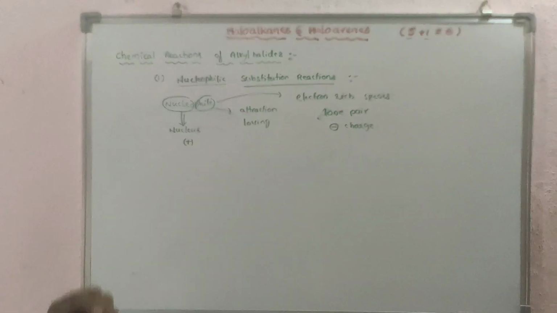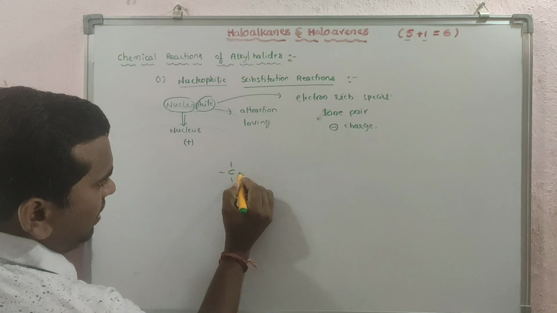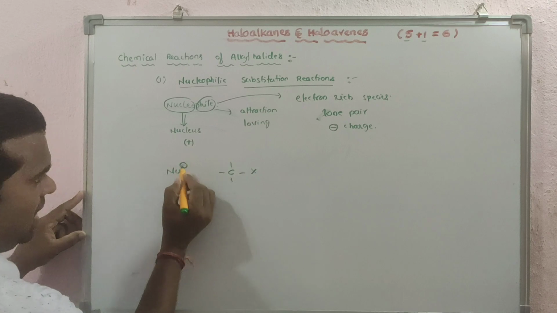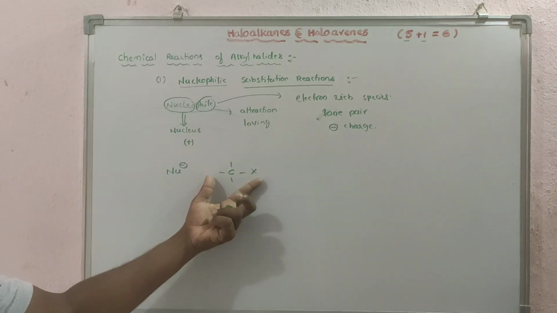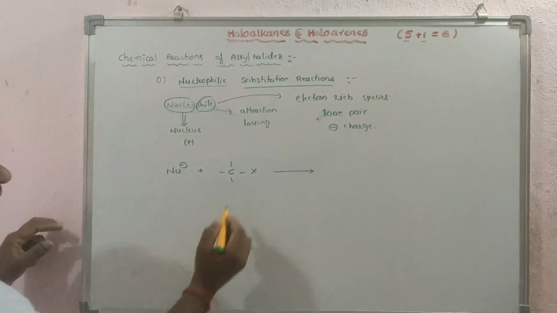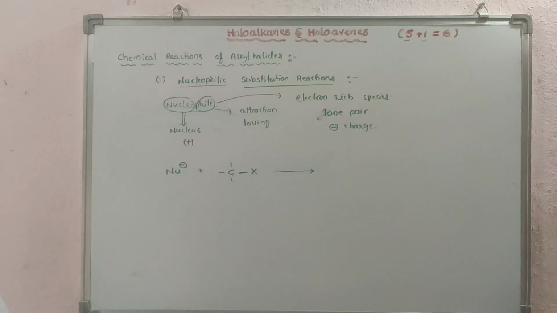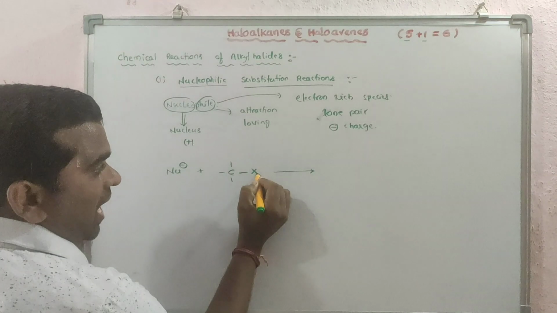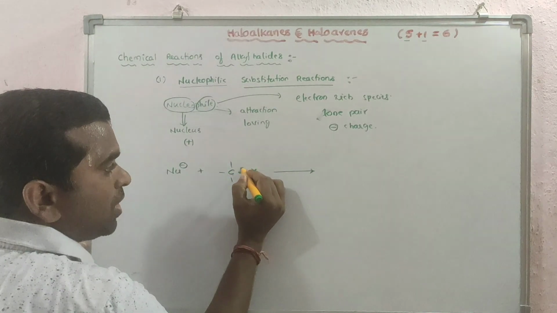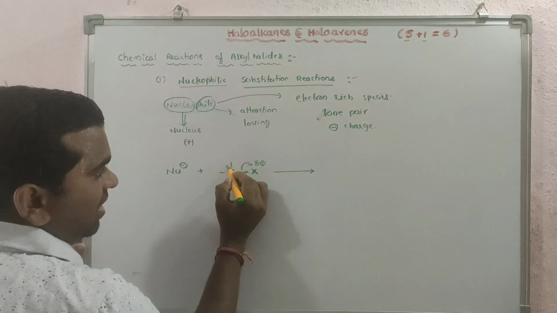Clear? I will write a simple example, then you will understand. I will write here the nucleophile X minus, reacting with the alkyl halide. In this molecule the carbon-halogen bond is a polar bond, because the halogen is more electronegative than carbon and takes the pair of electrons towards itself.